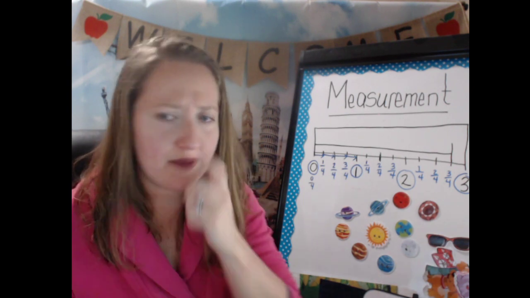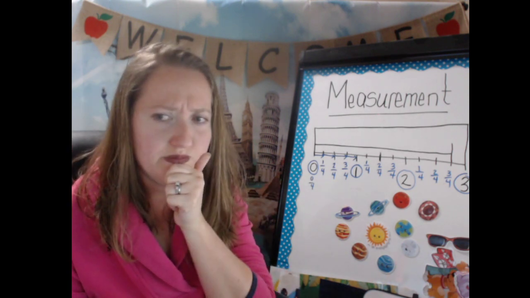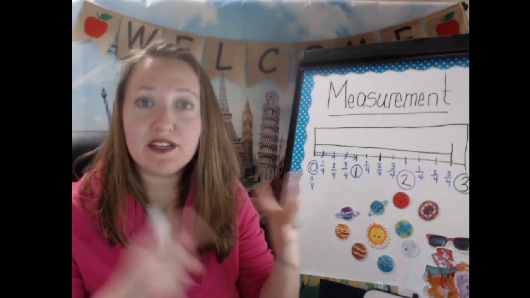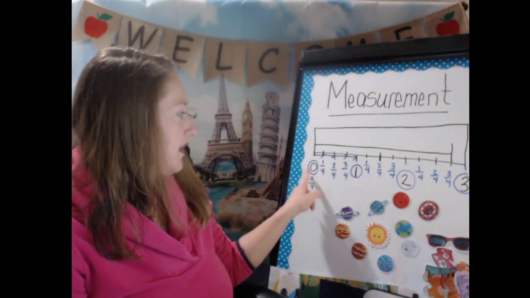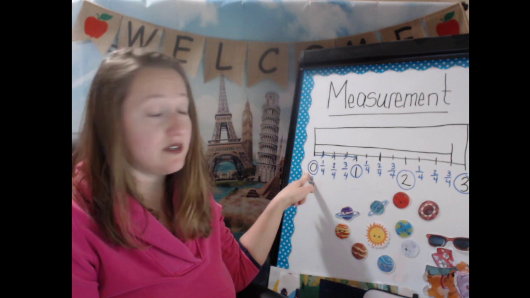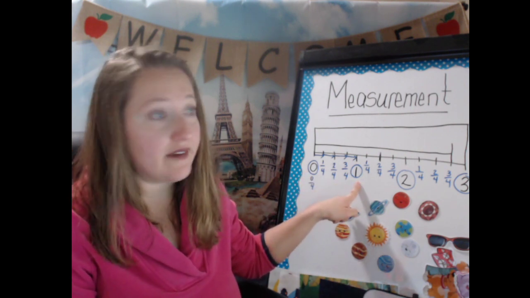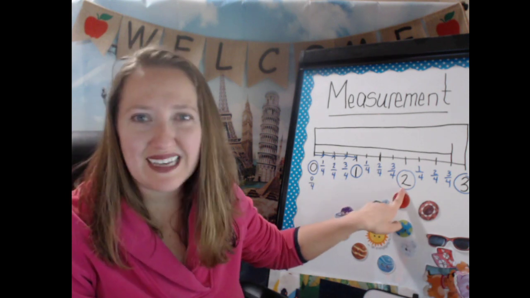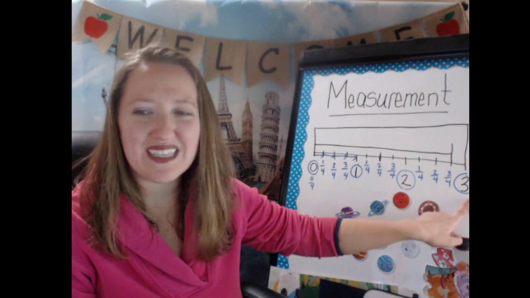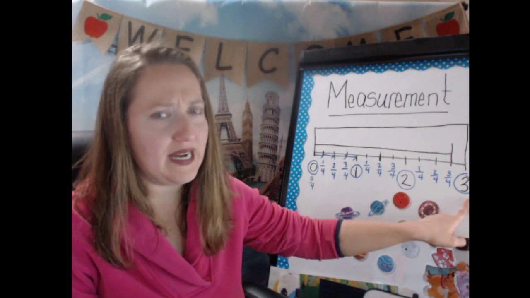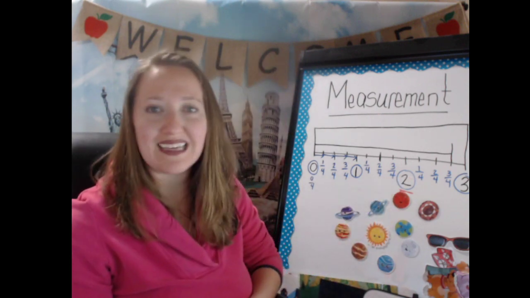What is the first thing I'm going to be looking at? Do I look at the small fractions? No, I need to look at what I have circled, my whole numbers, my big numbers. Okay, so I've definitely gotten to the 0. Have I gotten past the 1? Definitely. Have I gotten past my 2? Definitely. Have I gotten past 3? No, not yet. So 2 is the last number it went past.